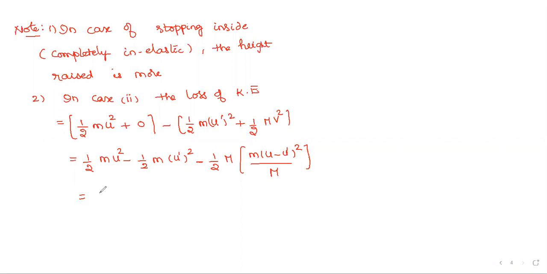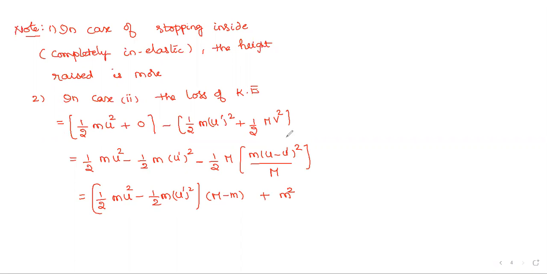What I remembered: half m u square minus half m u dash square whole into m minus m, you will get, and here plus separately you will get m square into half m v square.